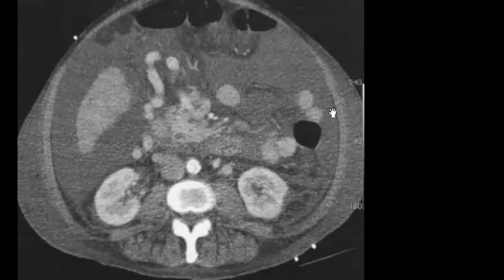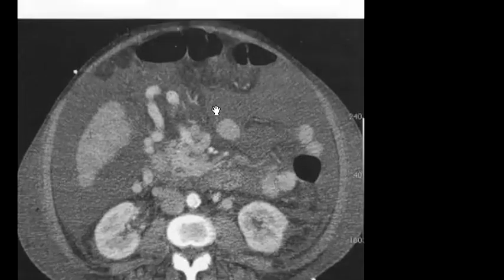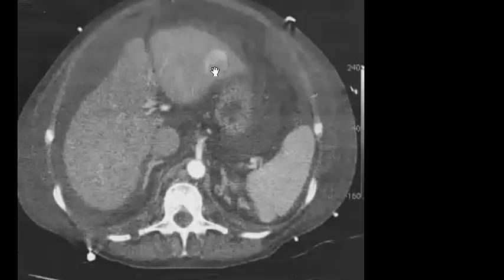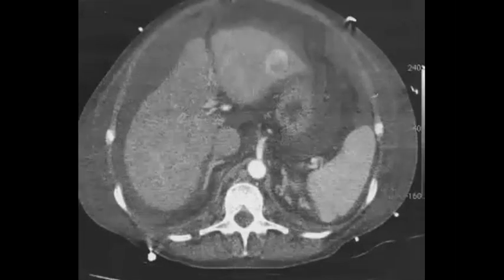So this patient has ascites, liver cirrhosis, and a focal lesion. You remember when we talked that if there is any background of liver cirrhosis and there is a focal lesion in the liver, it will be HCC until proved otherwise.